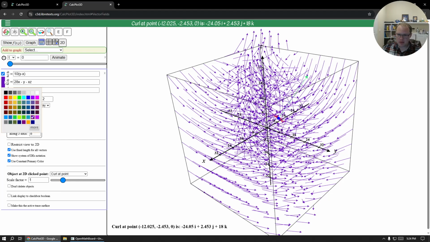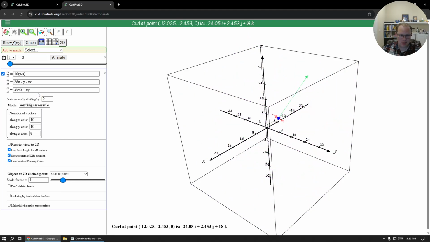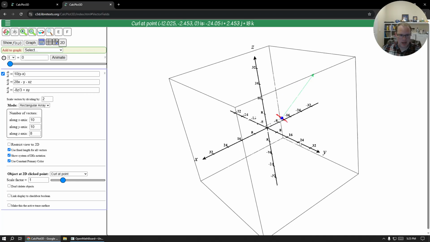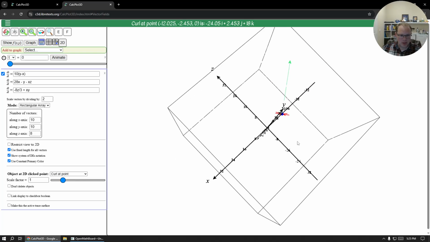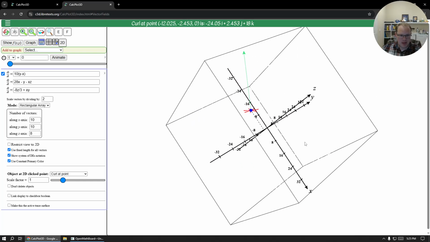Let me hide as best I can all those vectors. What's it doing? Okay. The curl, the vector there that you see, is orthogonal to the plane of rotation.